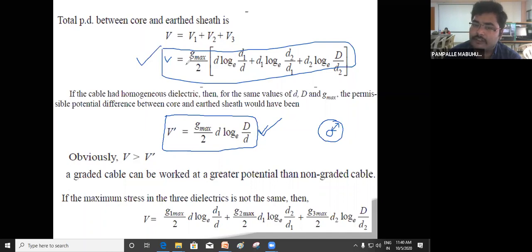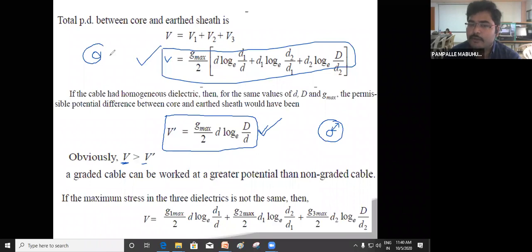Now if you compare these two voltages, this voltage will be greater than this voltage. That means the operating voltage with capacitance grading will be greater than the operating voltage without capacitance grading. So if the size of the cable is the same and you use capacitance grading, the operating voltage of the cable will increase.